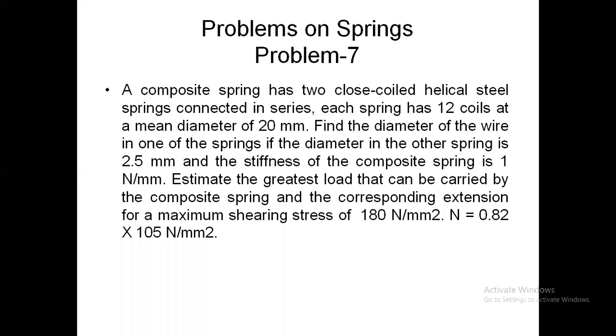Each spring has 12 coils at a mean diameter of 20 mm. The diameter of the wire in one of the springs is not given; the diameter in the other spring is 2.5 mm.